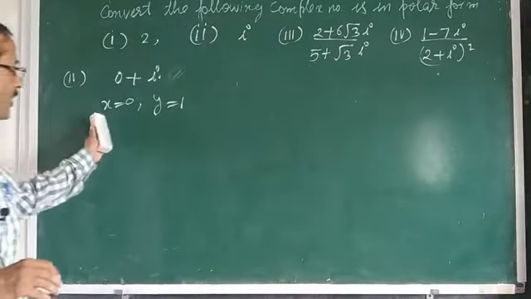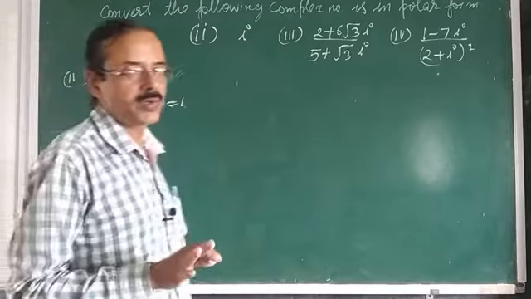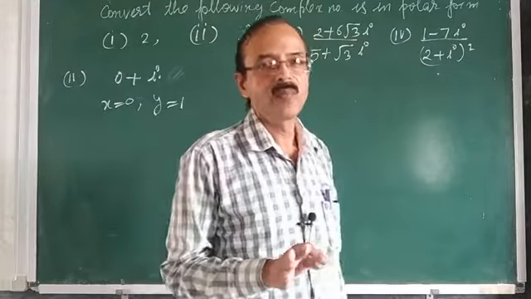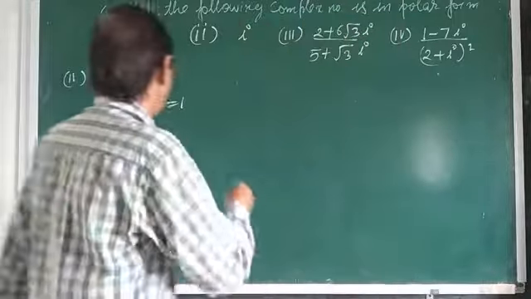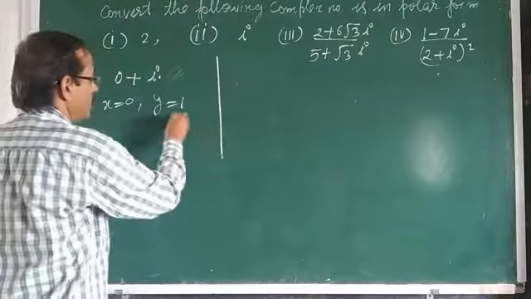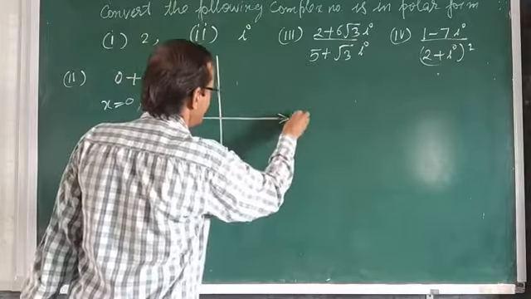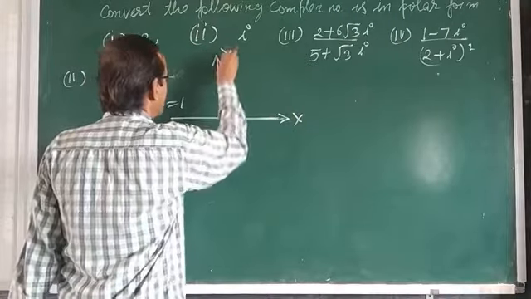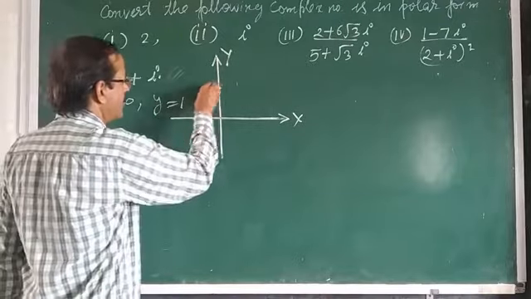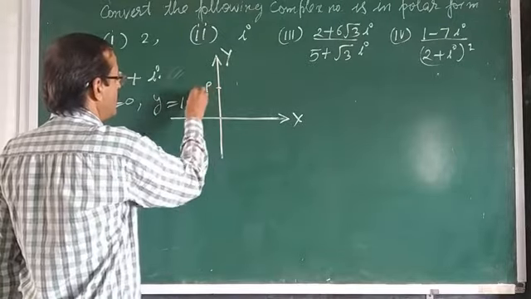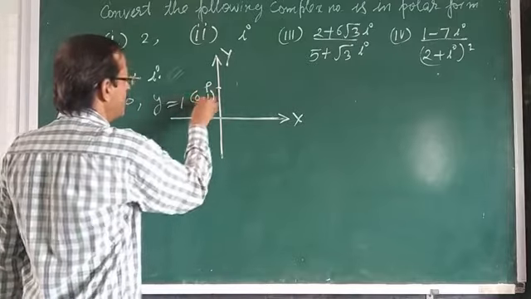So can you say on which axis this lies? Because x is equal to 0 and y is equal to 1, this will lie on the y axis. This is the x axis, that is the y axis. Suppose 1 is here, this is P. So what will be the coordinate? 0, 1.